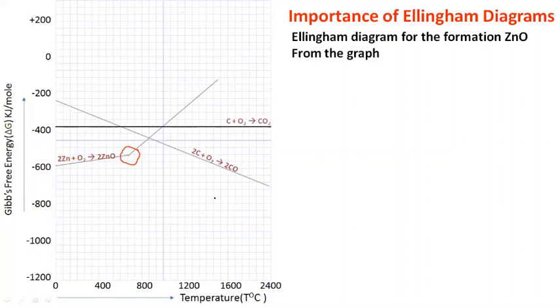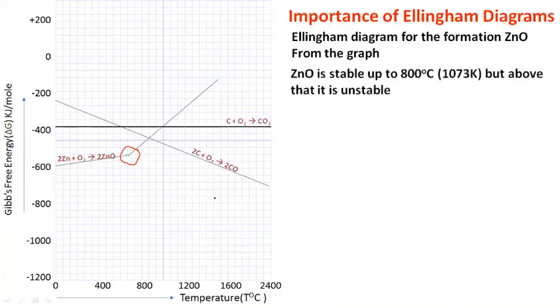So there is a change in phase from solid phase to vapor phase, due to which you can see that there is a sharp curve in the graph.